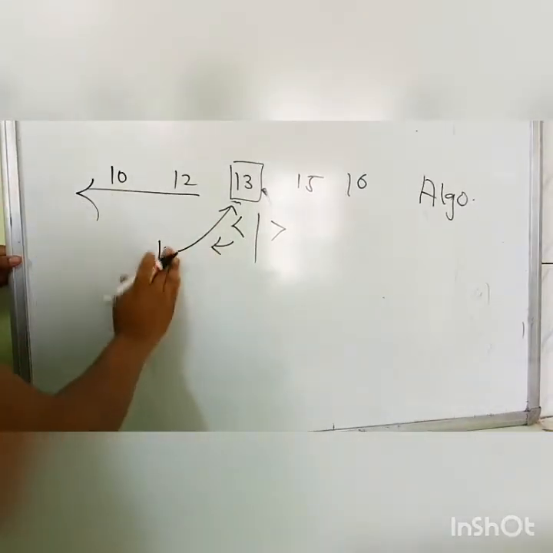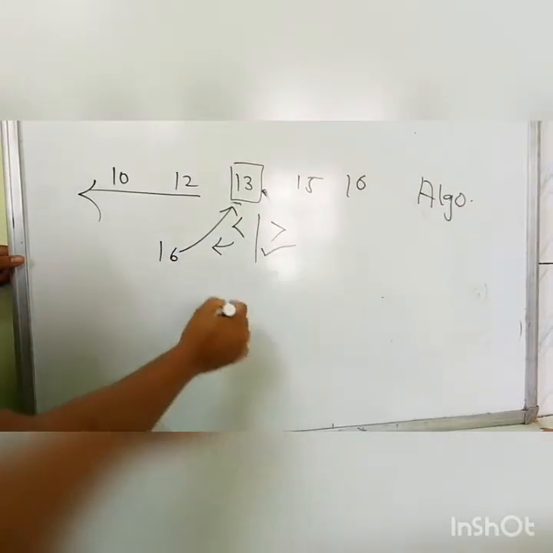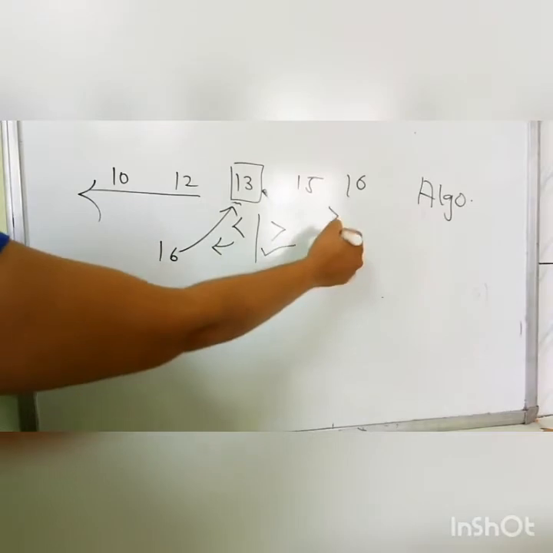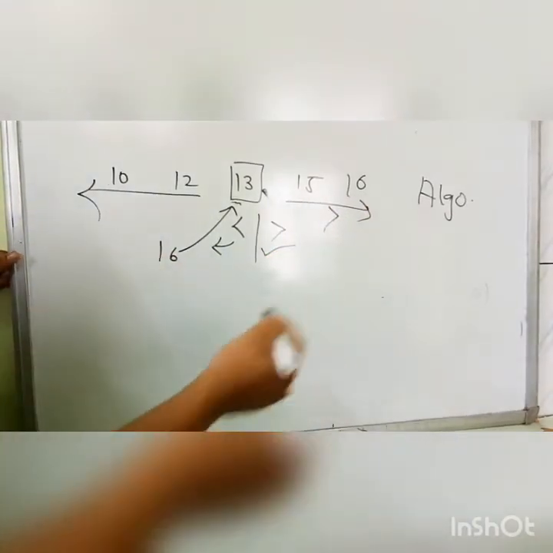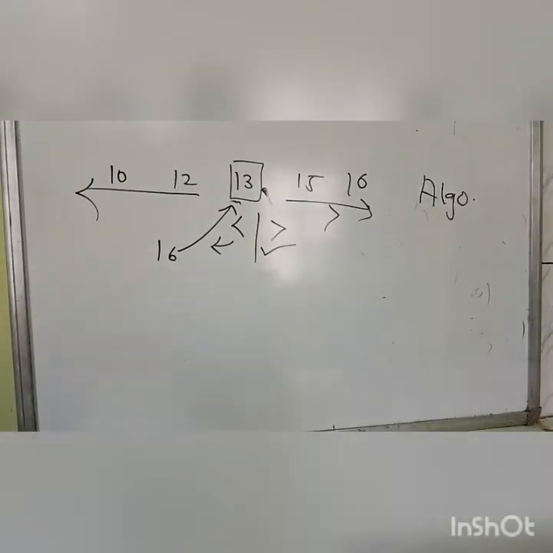If we have to search 16, as we see it is greater than 13, then it will search this section. So it continuously applies the same procedure again and again, and lastly it will give the output, means the searching element's position in the whole array.